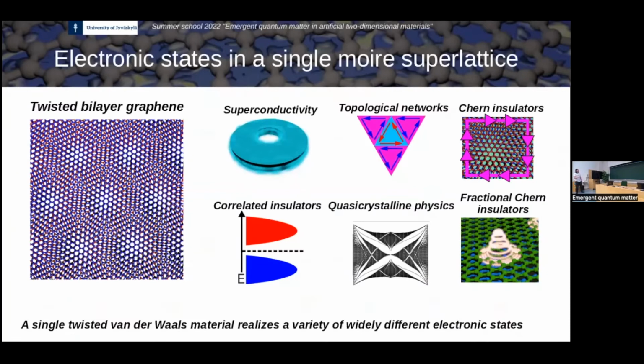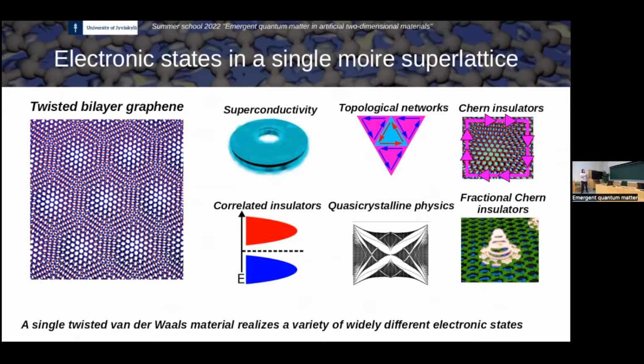And as we discussed in the first section, if you take just this simple twisted van der Waals multilayer, this twisted bilayer graphene, just by changing the twist angle between the two layers and by changing the electric bias between the two layers, you essentially realize a huge variety of electronic phenomena.